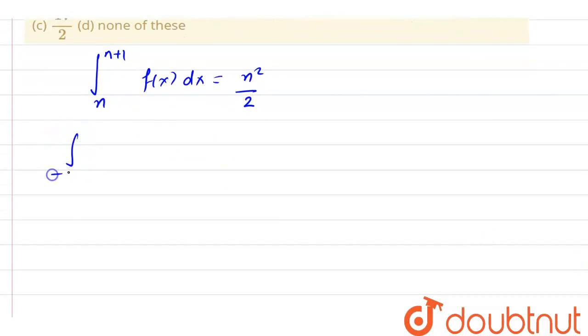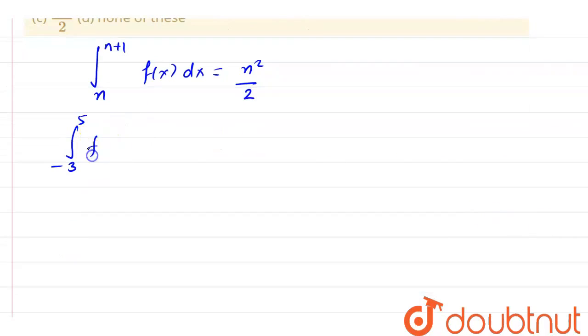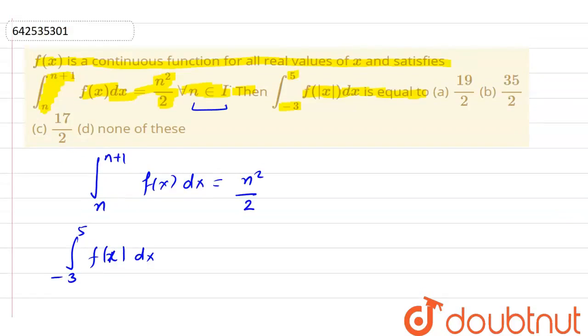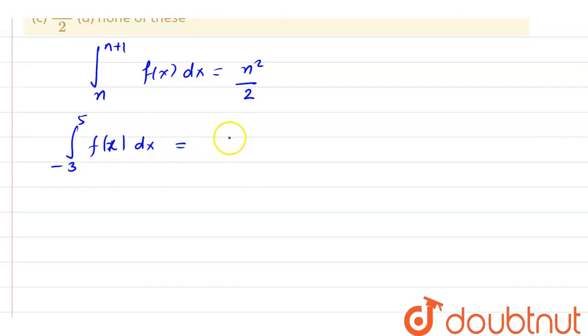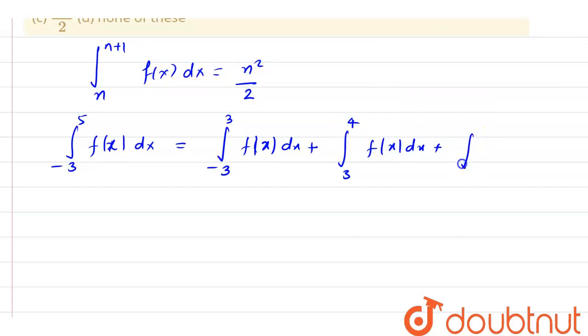Now as my integrand is from minus 3 to 5 of f(mod x) dx, I can break this integral from minus 3 to 3 of f(mod x) dx, then we have 3 to 4 of f(mod x) dx, and we have 4 to 5 of f(mod x) dx, right?